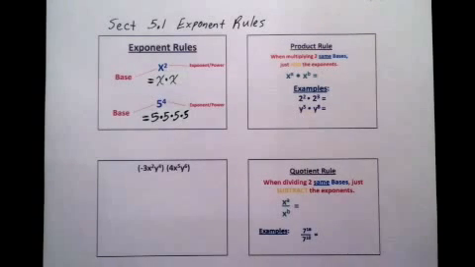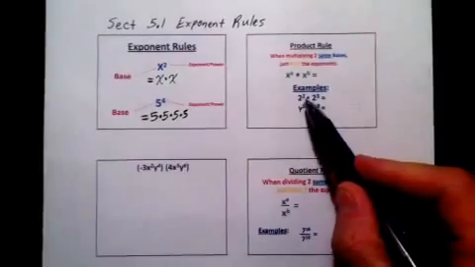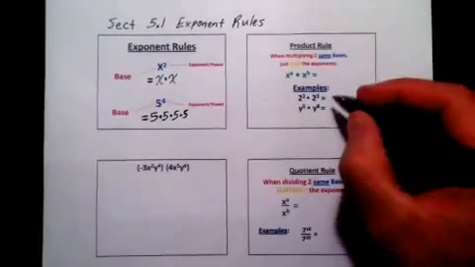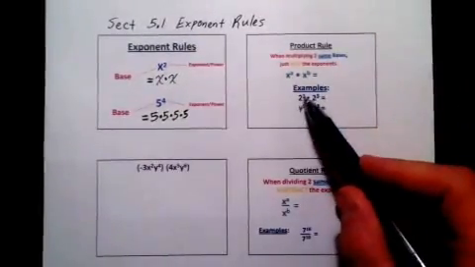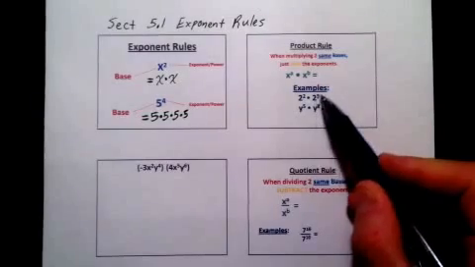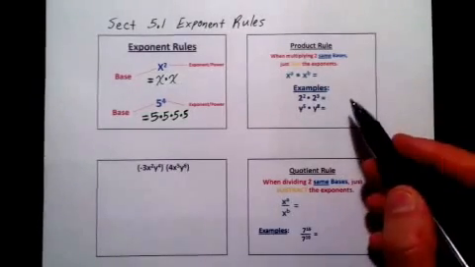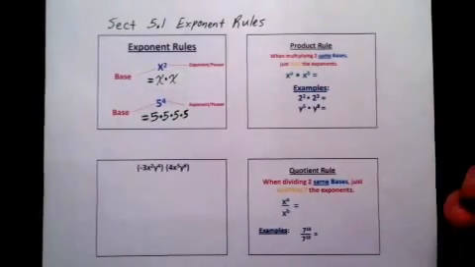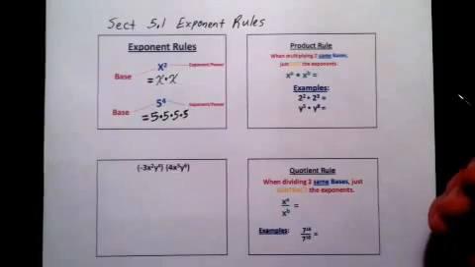And the way this rule works, if you think about these problems as repeated multiplication, if we had 2 to the second power times 2 to the third power, that's actually going to get us 2 factors of 2 times 3 more factors of 2, which ends up adding together to give us 5 factors of 2, or 2 to the fifth.